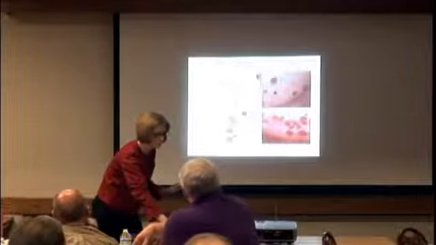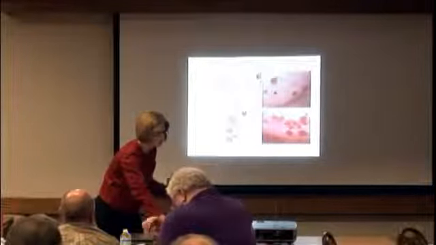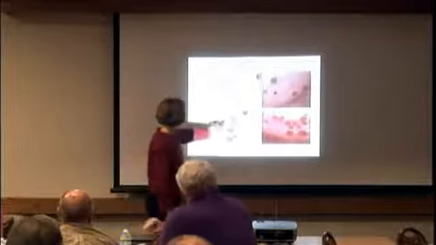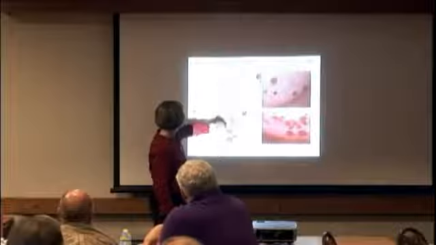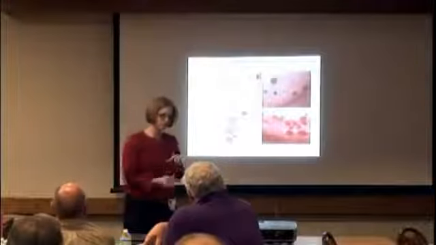Some of the projects that we've done so far are really kind of simple. We're just seeing in a Petri dish, if you put them with the ASCs, do they survive longer? And they do. You can see these cells start to break down after some period. I think this experiment was done for 5 days, but the islets look a lot better when they're incubated with the ASCs.